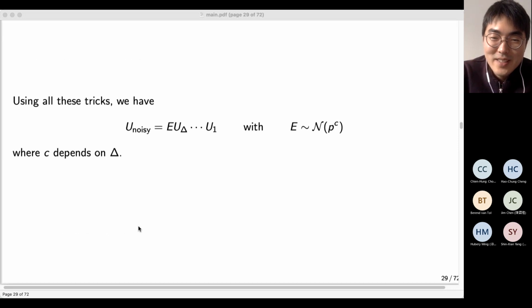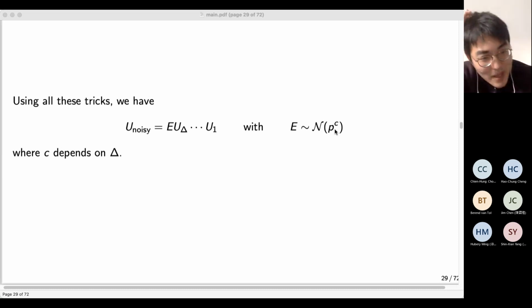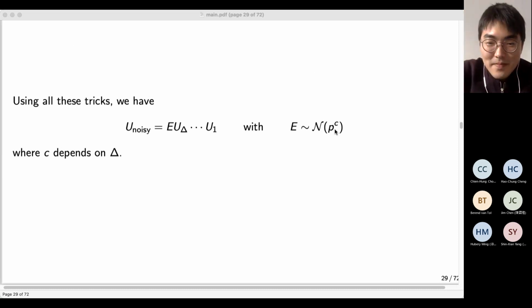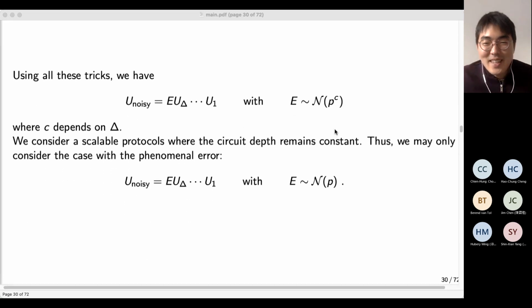So using all these tricks, we can say that our noisy circuit is nothing but the original circuit U1 to U delta, affected by some local stochastic error with strength P to the C, where C depends on delta. But as I said, our protocol will be constant depth, so delta would remain constant.